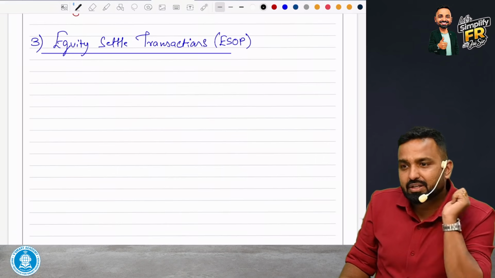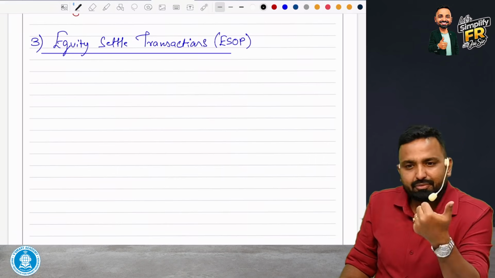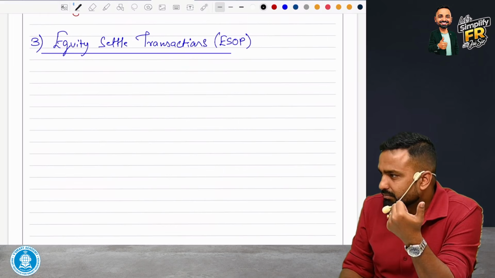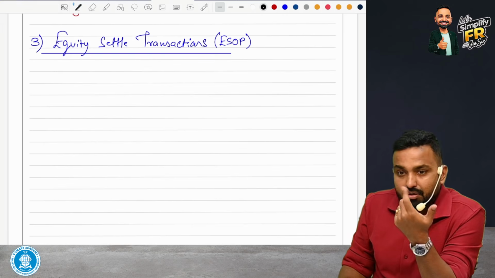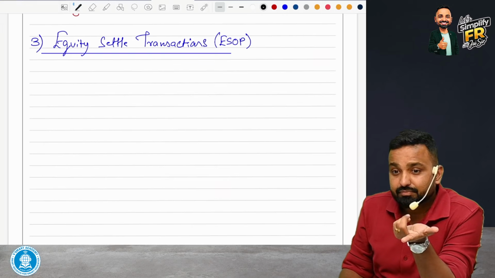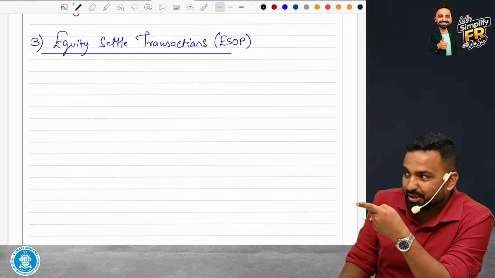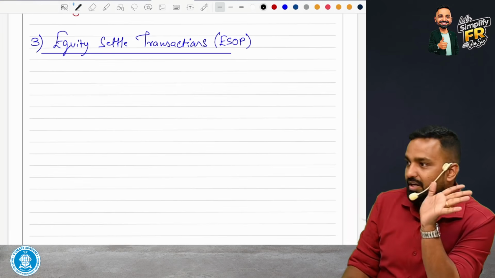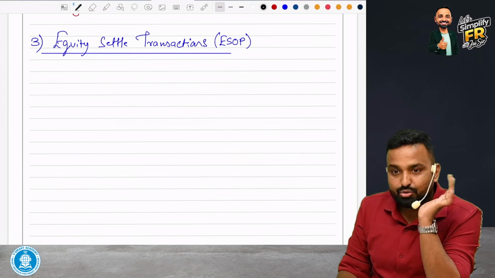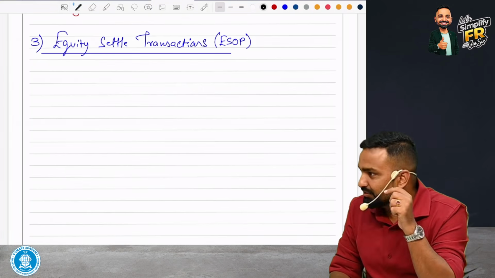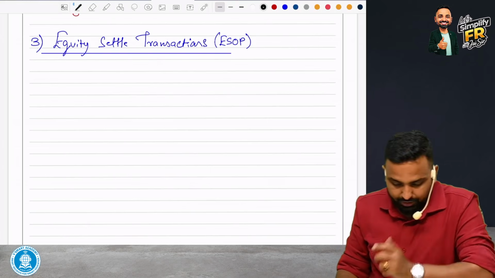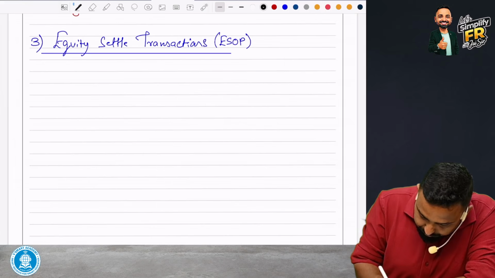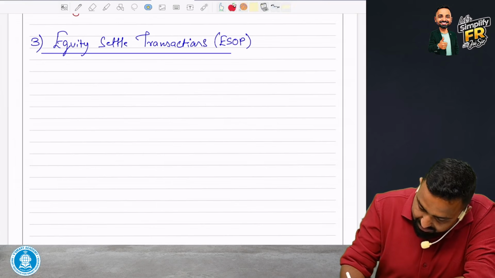The equity settled transaction, number of employees required, then number of options required, fair value required. And fair value, which date required? Grant date required. So these are the factors we know now. Please write it down.